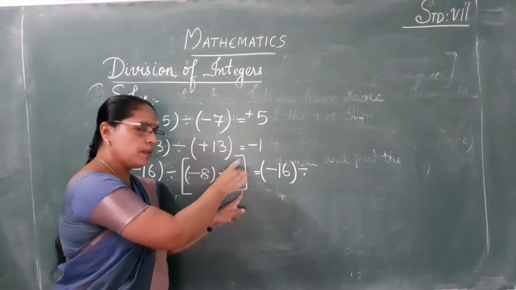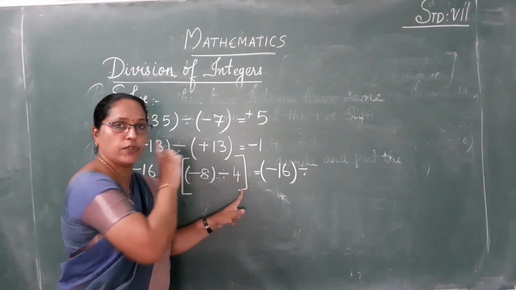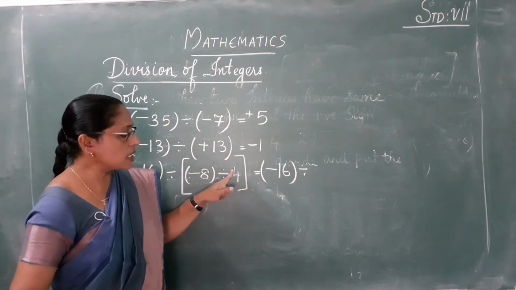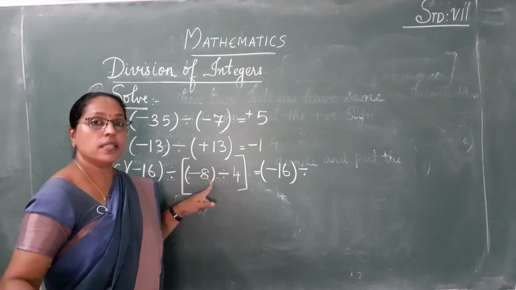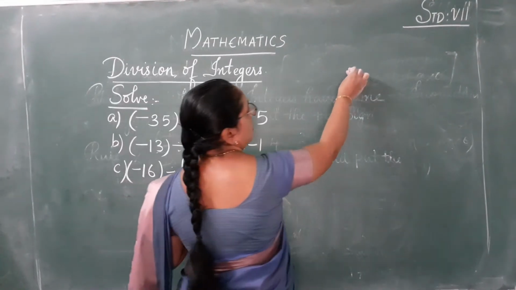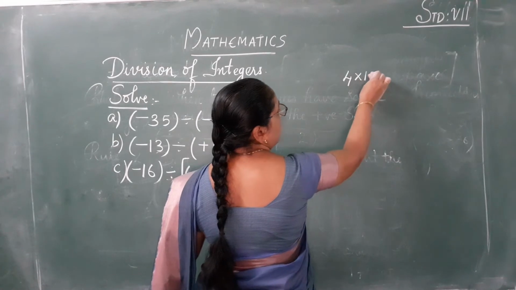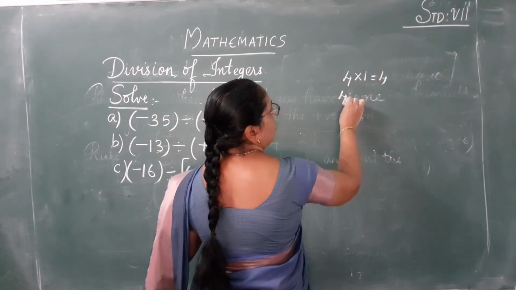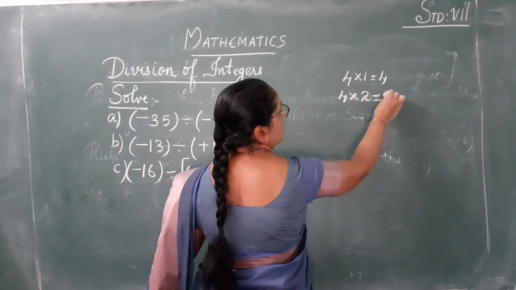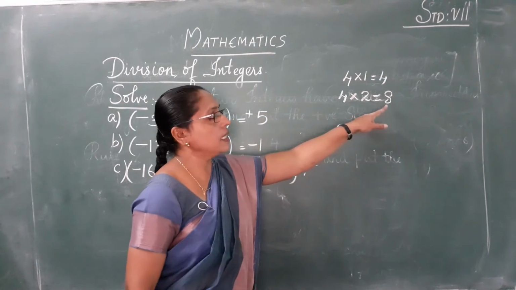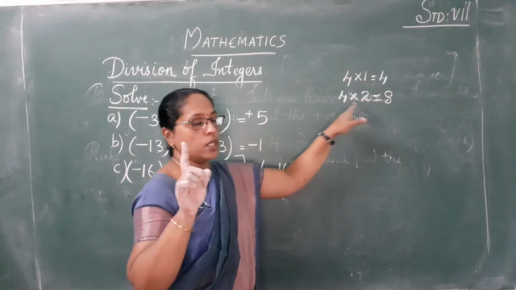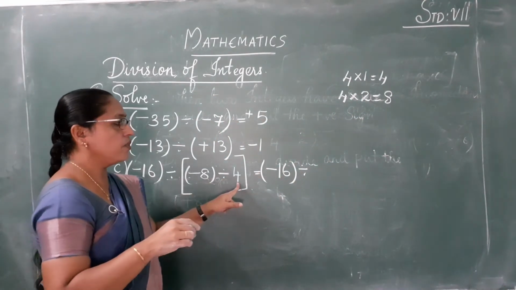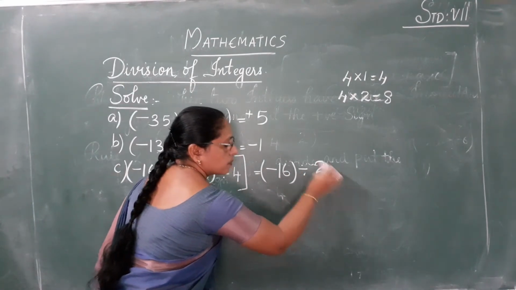Forget about the signs, just divide 8 and 4. In 4's table, 4 into 1, 4. 4 into 2, 8. So in 4's table, 8 is coming 2 times. So 8 divided by 4 is 2.